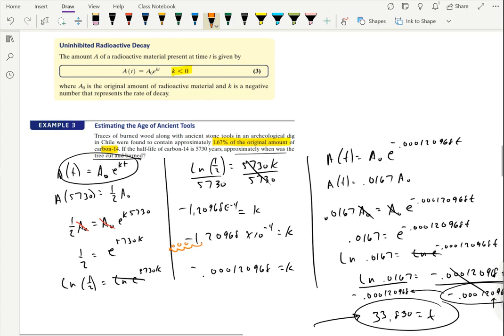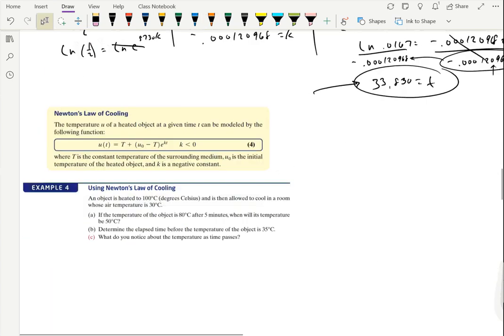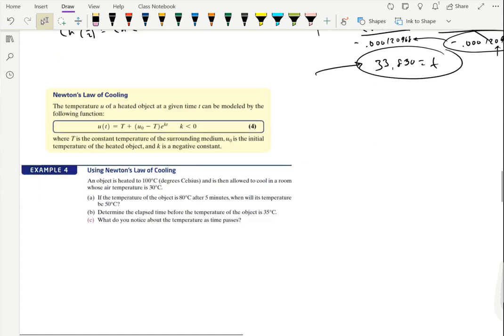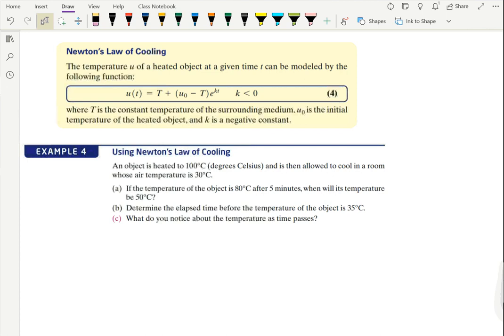All right, so that was just an aside. So another application. Let's do Newton's law of cooling. Newton said that the temperature U of a heated object at a particular given time t can be modeled by this function as we've got here in equation 4, where T is the constant temperature of the surrounding medium.